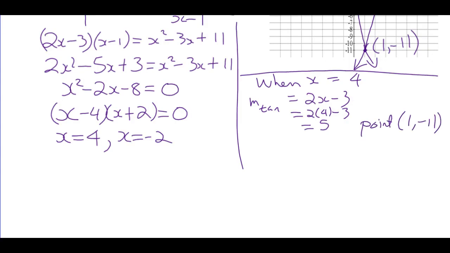So use your favorite method. The line's going to be in general form, ax plus by plus c, where a, b, and c are integers, 1/3 is not an integer, and a is greater than 0.